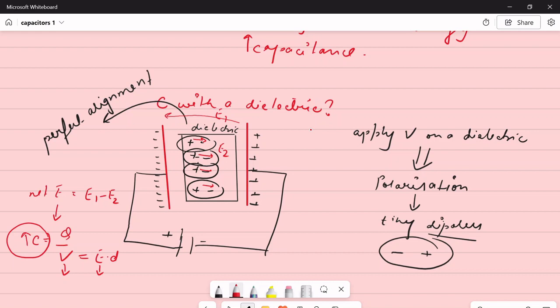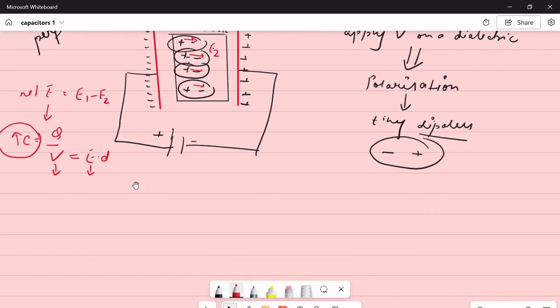Further, if you want to understand it through this charge Q, you can still understand this. Let us again write this formula and see what is happening in terms of Q. Let's say this is C is equal to Q by V. Now, when I didn't have the dielectric, I had these fixed charges, negative here, positive here. Now, when I have inserted a dielectric material between the plates of these two conductors, what do I have?